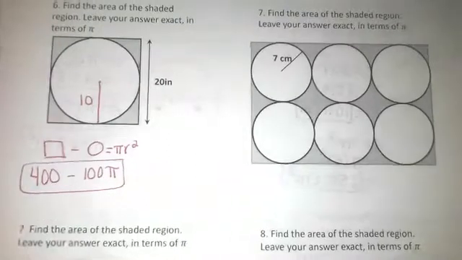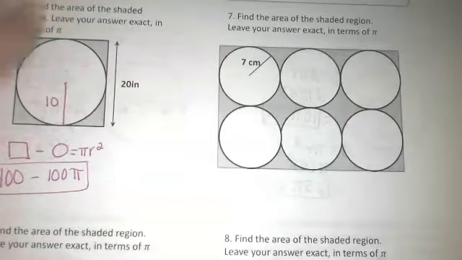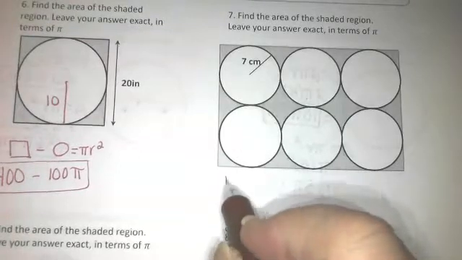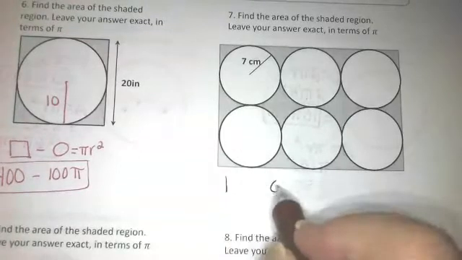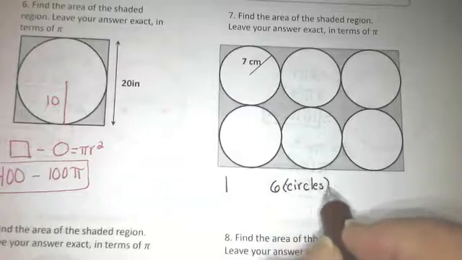All right. Number 7. Okay, it's kind of the same thing. This time we have a rectangle with some circles inside of it. So Janet, what would your strategy be on this one? Okay, 6 circles.